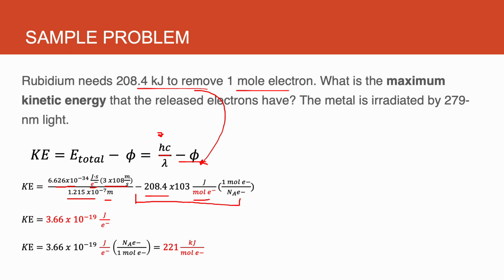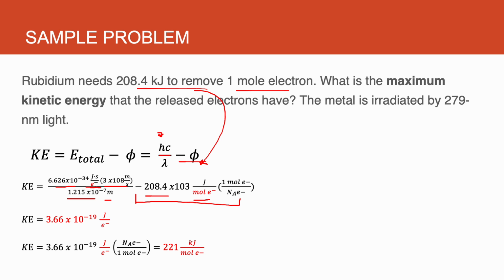So how do we convert 1 mole of electron to a specific number of electrons? You actually use the Avogadro number. So 1 mole of electron is equivalent to 1 Avogadro number of electrons, 6.02 times 10 raised to 23.